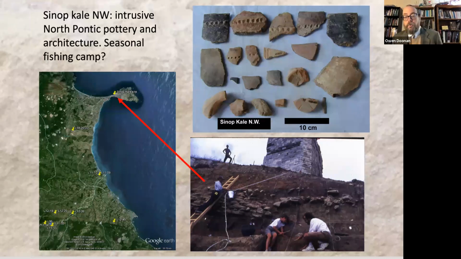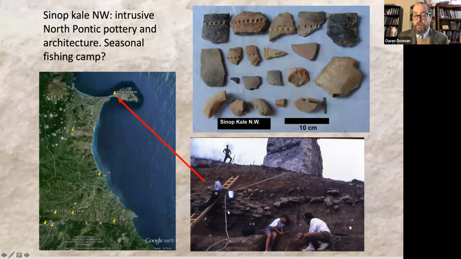And one of the remarkable things about this site was that we weren't seeing what we would consider any Greek or Roman pottery. What we were finding at this site was pottery with parallels in the Western Black Sea and the Northern Black Sea, in Ukraine, in Romania, in Bulgaria.